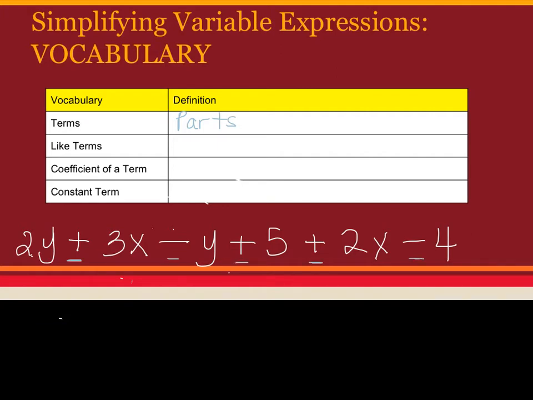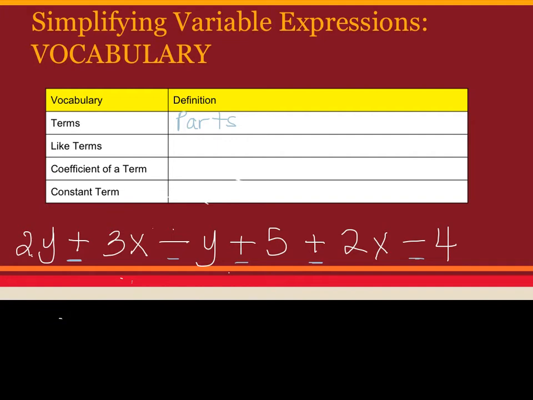The terms in this expression are 2y, 3x, -y, positive 5, positive 2x, and -4. Those are the terms. Now the like terms are the terms that have variables that are in common.